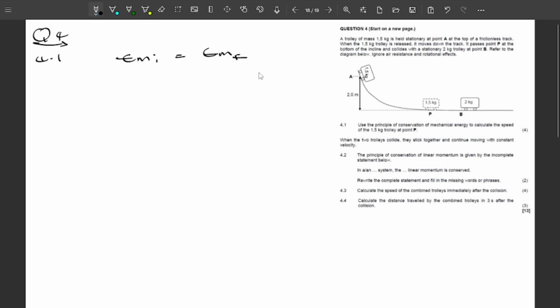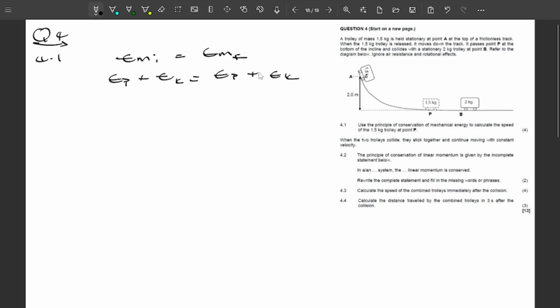So this is the mechanical energy at A, and it's equal to the mechanical energy at P. Potential energy plus kinetic energy equals potential energy plus kinetic energy. This is top and bottom, though I just called it initial and final, which is okay.